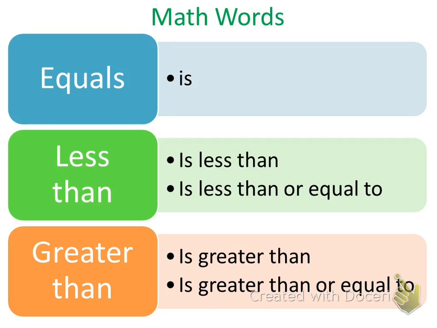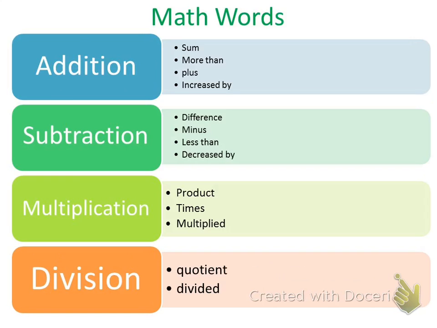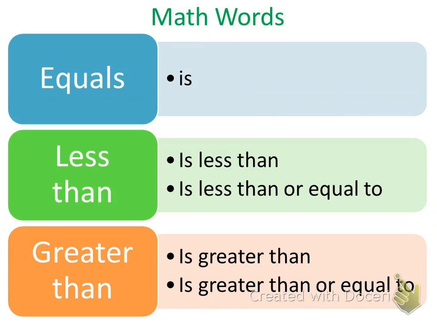Anytime you see the word is, it means equal. However, when I'm dealing with inequality signs like less than or greater than, if I were to say is less than, now, if you remember on the last slide, we said that the word less than dealt with subtraction. But when it has an is in front of it, it means the less than sign.